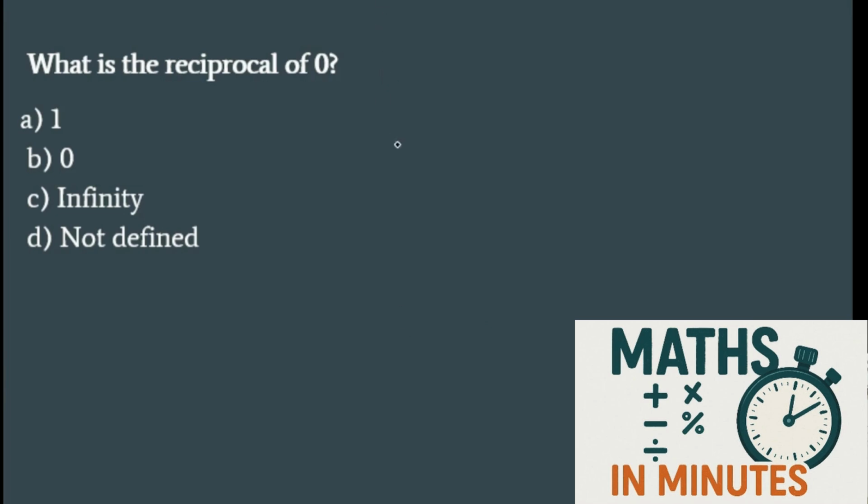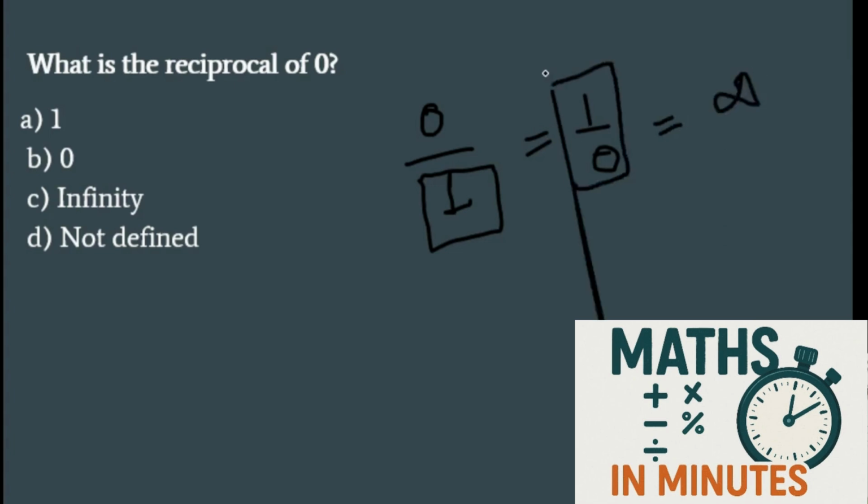We will say 0 upon 1, because we know if no number is in the denominator, we say 1 is in the denominator. So the reciprocal of 0 upon 1 will be 1 upon 0, and we know that 1 upon 0 is not defined. That means the reciprocal of 0 upon 1 will be not defined. Got it, everyone? Sorry, not defined. Option D, not option C, option D. Is it clear to everyone?